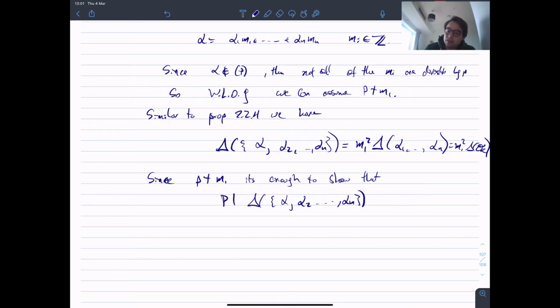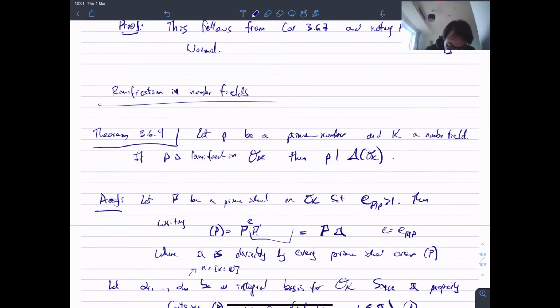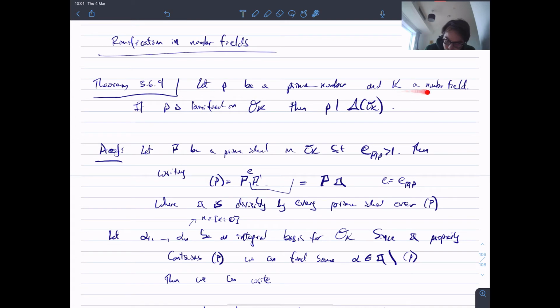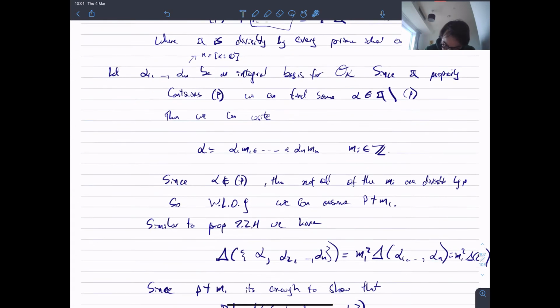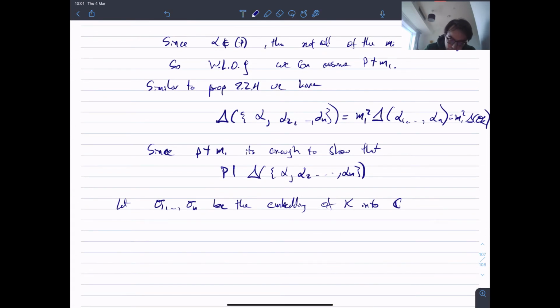I've been talking about using the Galois group on it, so this is where it's going to come in. I'm going to let sigma 1 through sigma n be the embeddings of K into the complex numbers. I haven't assumed, as you notice in my theorem, that my field is normal, but this isn't a problem, because I proved to you that I could always extend my field a little bit to make it normal.